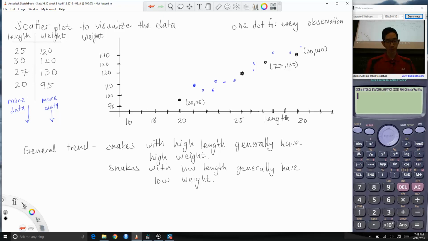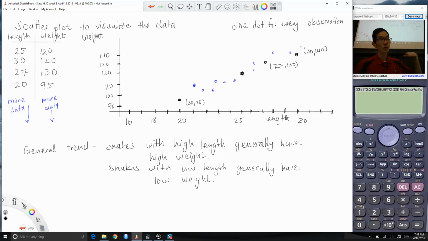Okay. So then, this is the idea that we're getting at. We're going to look at different numeric variables, and you just have to keep in mind that each data point represents an observation. In this case it was a snake, and each snake has two numbers recorded, or two values associated with it.